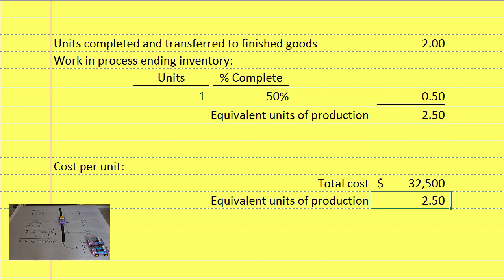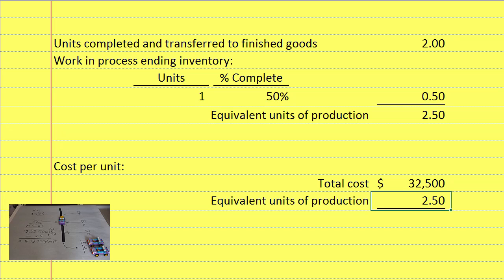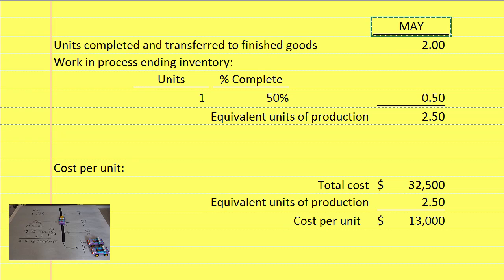Use a formula to reference from above. 2.5 units. So to compute cost per unit, I say 32,500 divided by 2.5 units. And there's my $13,000 in cost per unit. Production cost, total production cost for the month of May. And let me add May to my heading up there. And that's a way to express that visual information analytically in our spreadsheet.